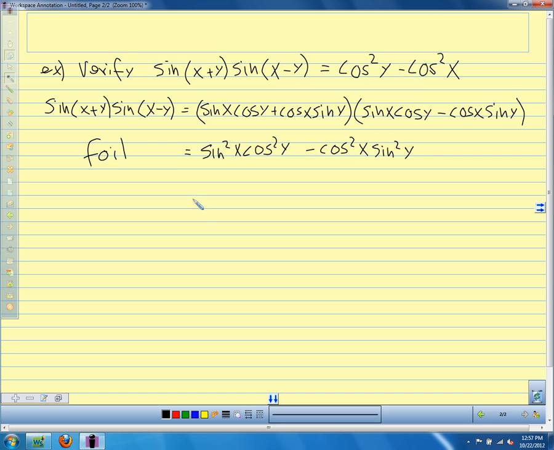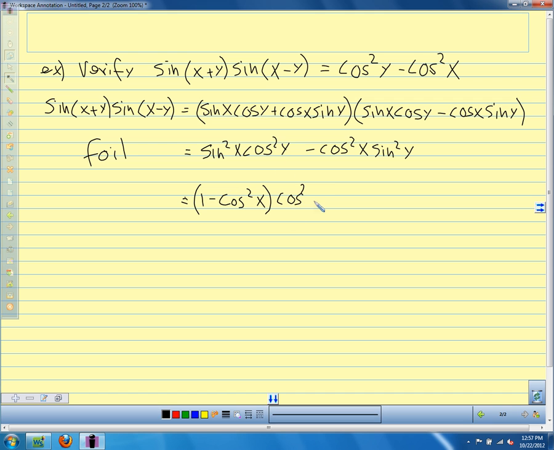So how can I rewrite sine squared x in terms of cosines? I have my Pythagorean identity that says sine squared x plus cosine squared x equals 1. So sine squared x is 1 minus cosine squared x.